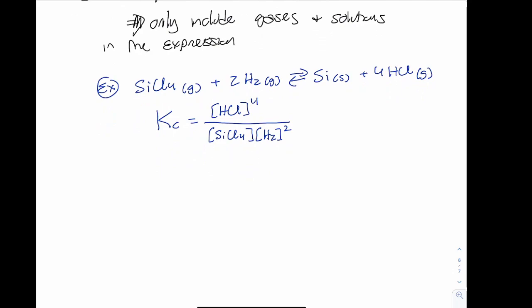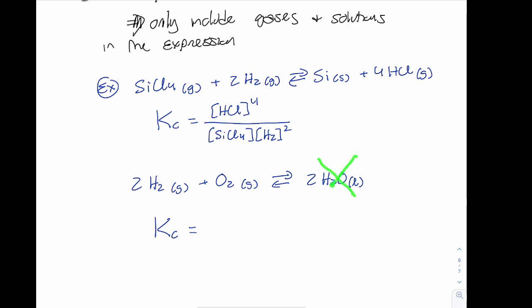Another example for us, let's have 2 hydrogen, also a gas, plus oxygen gas, and I'm going to form 2 water, which is a pure liquid. So again, we're going to write our expression for this. It's going to be, again, concentration of products over reactants raised to powers equal to their coefficients.